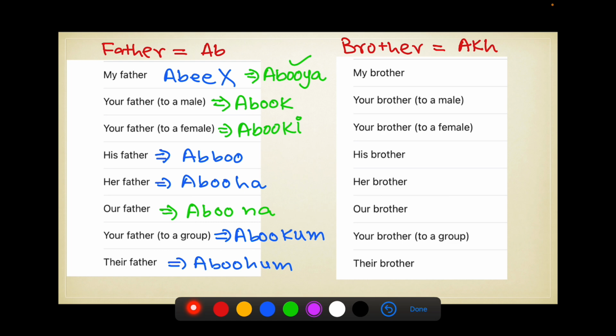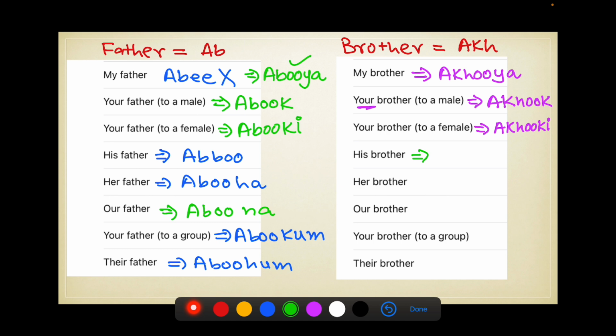Same. For my brother, you will have to say akhuya. And to a male, if you have to use your brother, you will say akhuk. And while talking to a female, you will say akhuki.